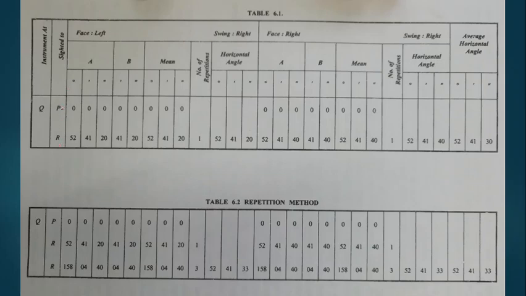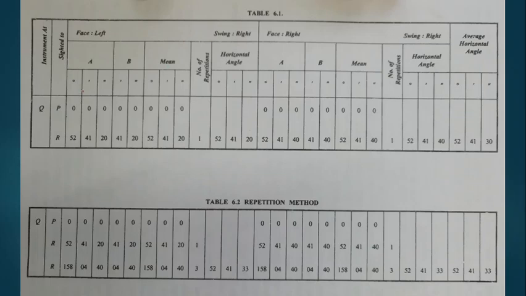So therefore we need to write P, and here there are two divisions: face left right swing and face right swing. So likewise we have two major divisions, and after that we will have a horizontal angle column. So here in face left and right swing, again we have vernier A degrees, minutes and seconds, and vernier B will have only minutes and seconds.